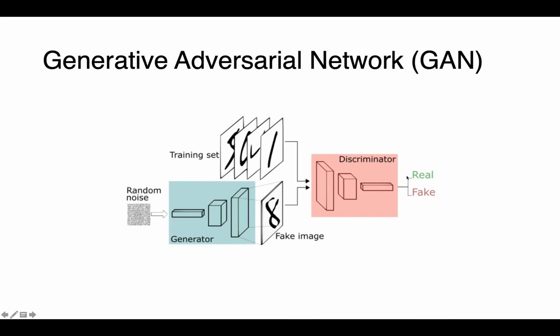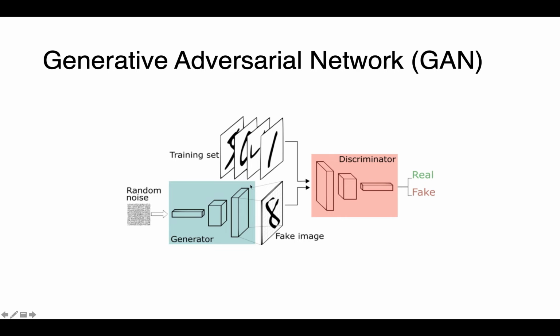The discriminator is usually very good at recognizing real and fake images at the beginning, but after the training process, the generator will be able to learn how to create a fake image that's difficult for the discriminator to recognize.